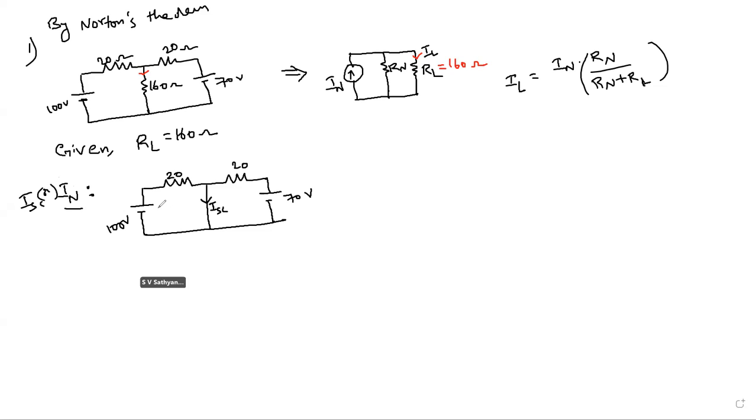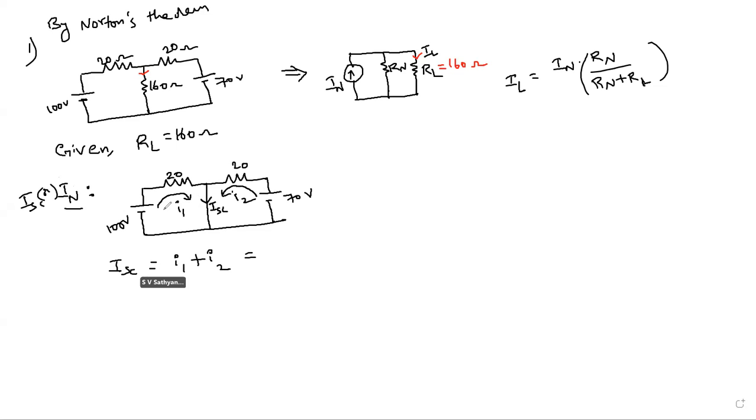See here the current passing through this loop from this source, and again from this source at this junction point. Shall I call this I1 and this I2? So what about the ISC value? I1 plus I2, very good. Your KCL simply.